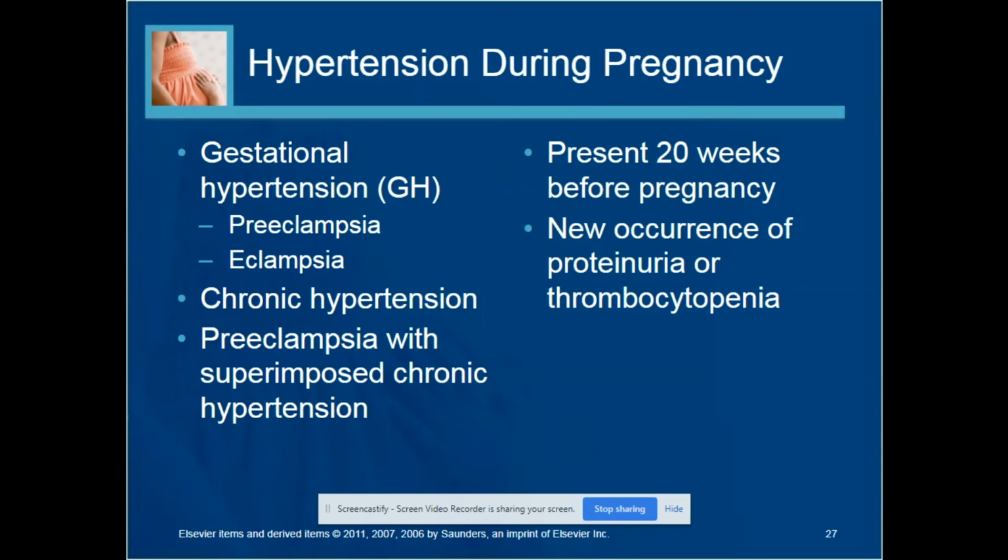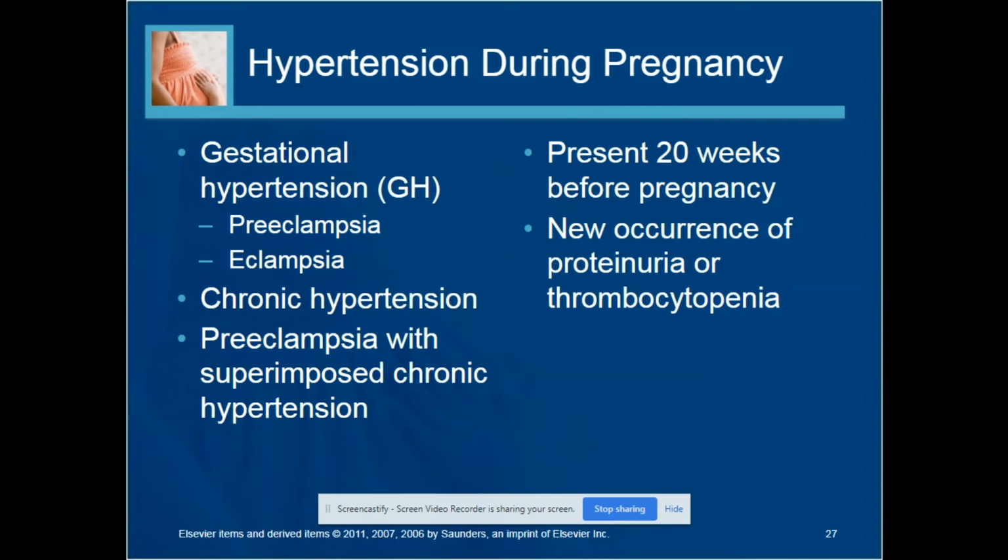Chronic hypertension is a thing. Like, people have high blood pressure before they ever get pregnant. That's what that means. And then there's preeclampsia superimposed on chronic hypertension. So maybe the patient has chronic hypertension, but they're also preeclamptic because they are spilling proteins in their urine.